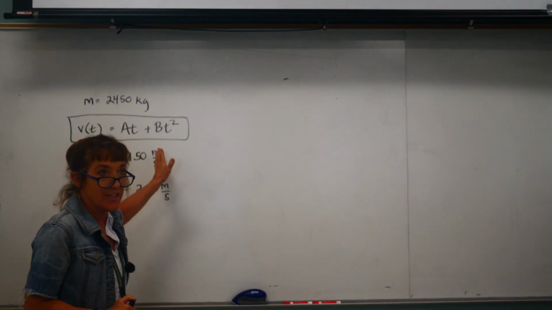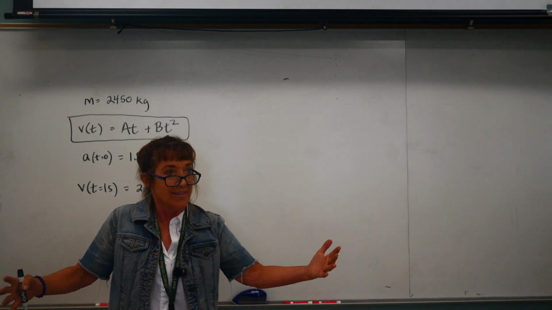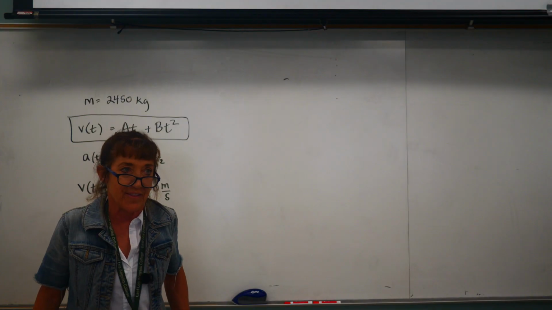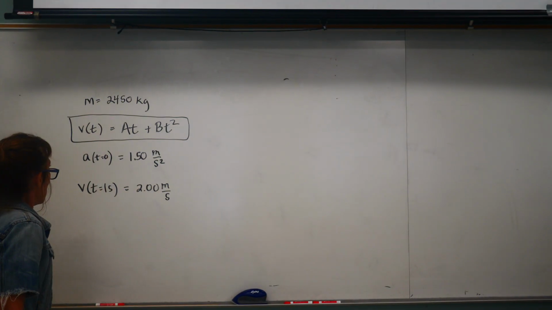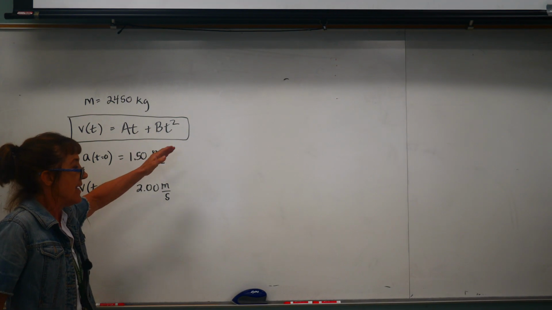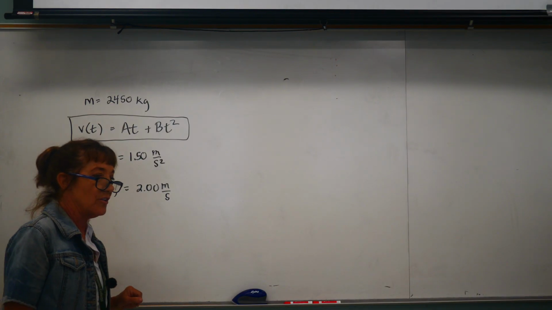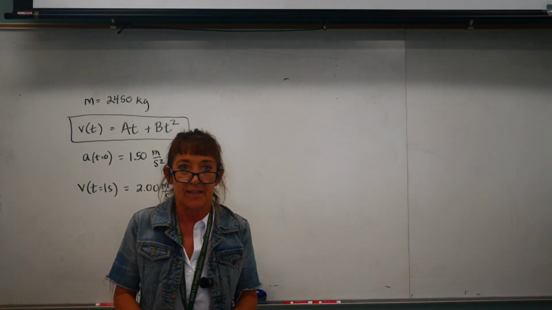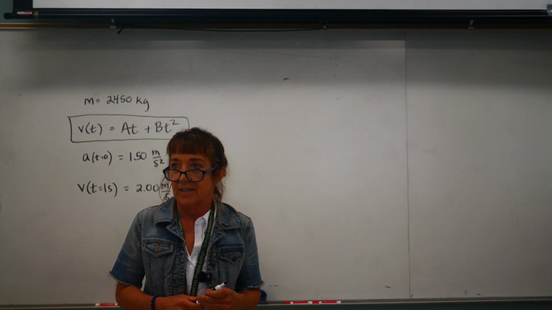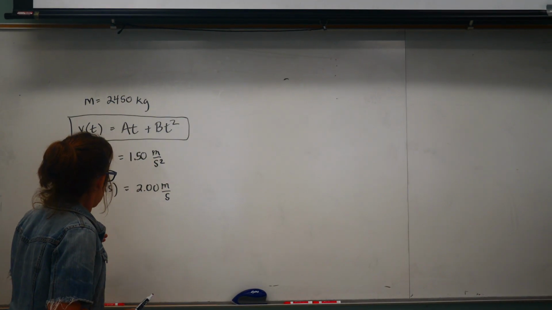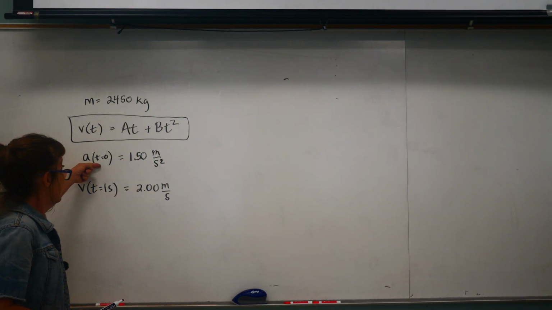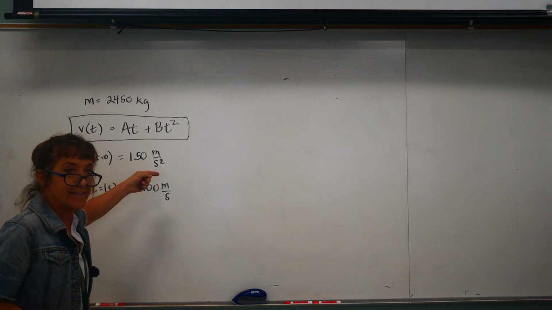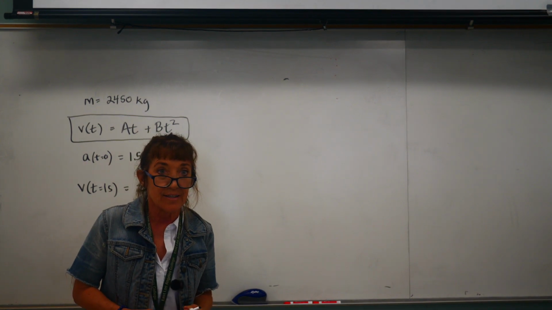If you take the derivative, you still have a term for time in the acceleration, so that's a no-go. So we need to find A and B, and we need to know the acceleration after 4 seconds. Any suggestions? Okay, I do know one thing: at t equals 0, I know the acceleration. So let's see if we can work with that.